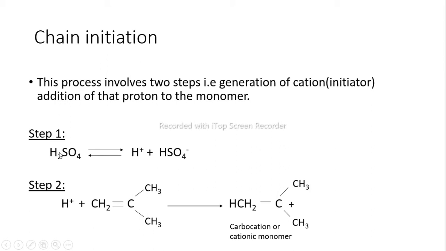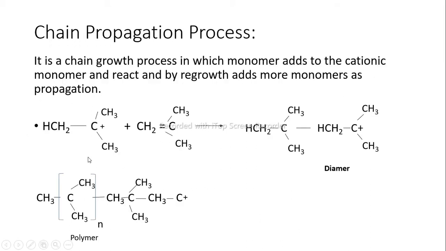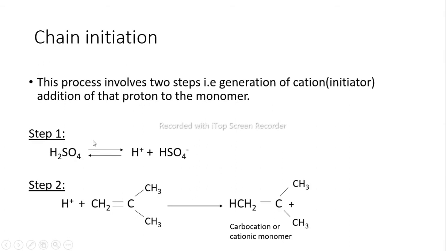In this example we are using the protonic acid sulfuric acid, which first breaks into a cation and an anion. Now in the second step, the cation obtained in the first step reacts with a monomer.